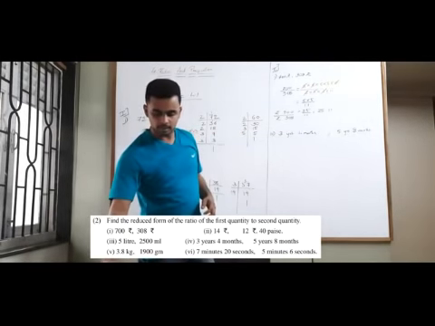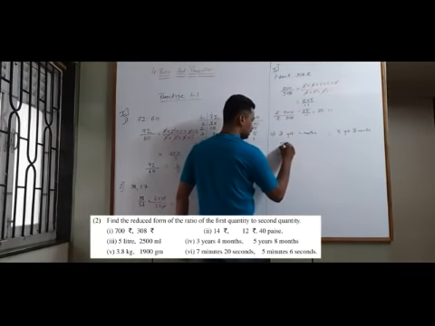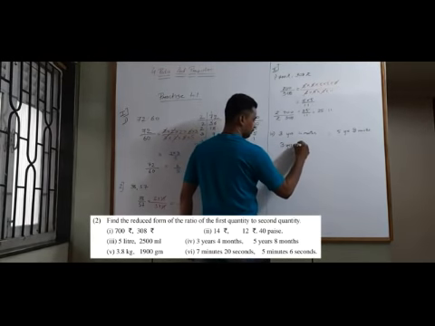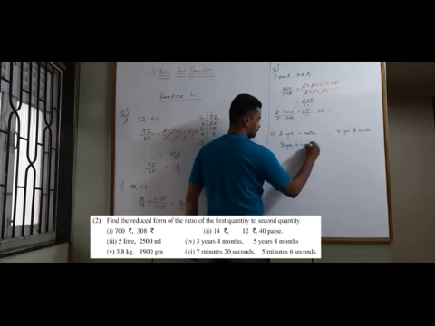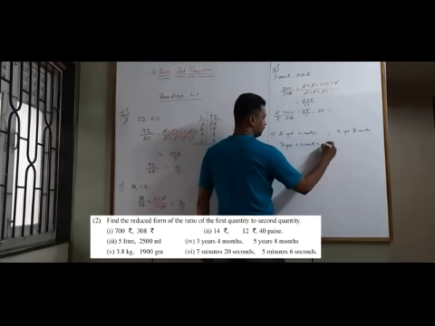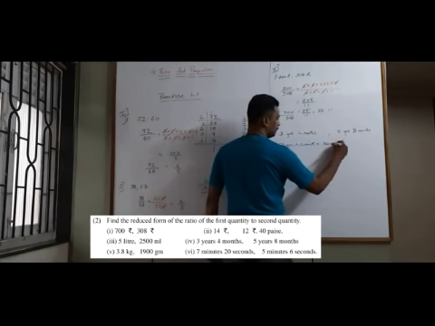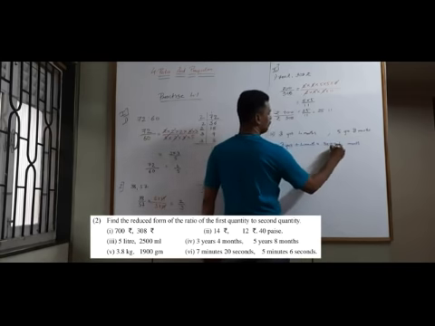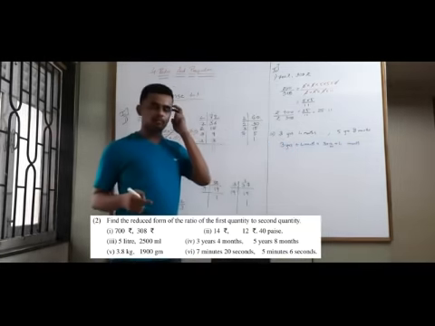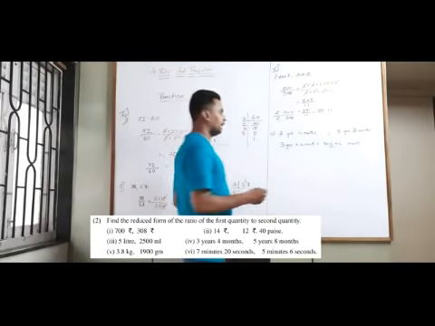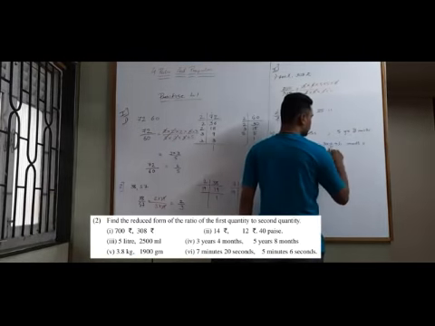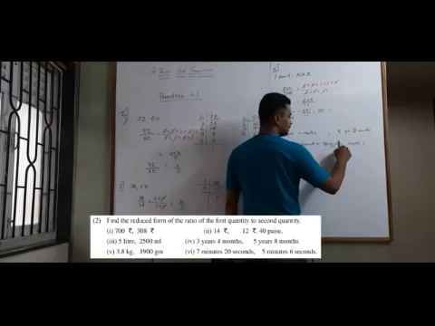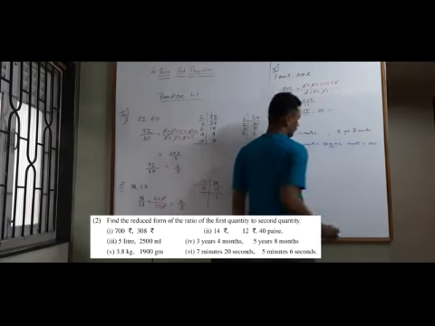So the first number that I have is 3 years plus 4 months, which will give me 3 into 12 plus 4 months. 1 year has 12 months, so 3 into 12 is 36, and plus 4 will give me 40.